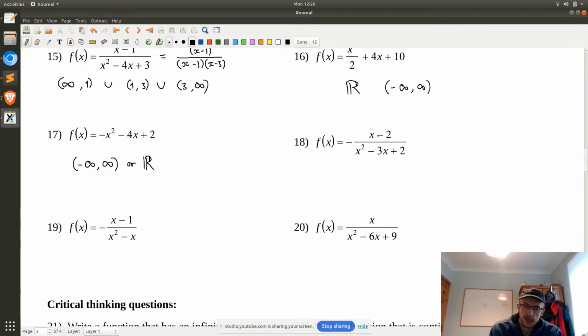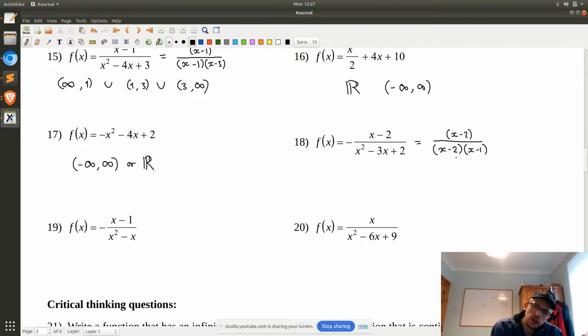Now we have a quadratic in the denominator, and it's a factorizable quadratic. It's factorizable into x - 2 times x - 1. And so the entire function is mimicking the hyperbola, the standard hyperbola xy equals 1, but translated to the right by 1.